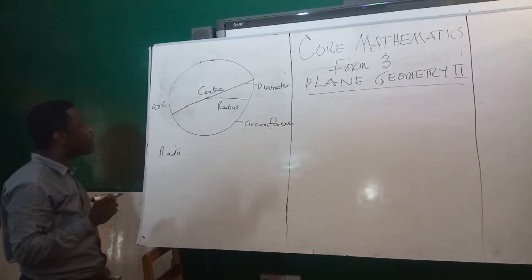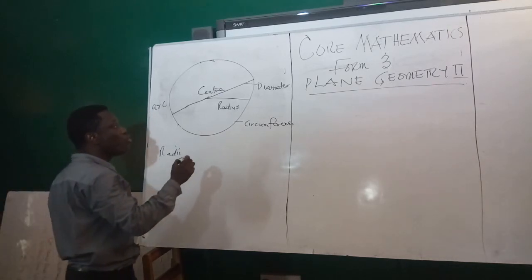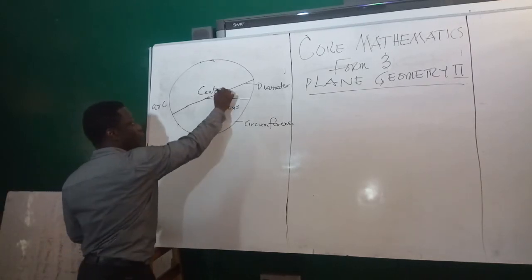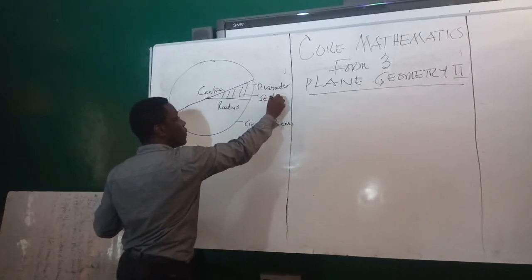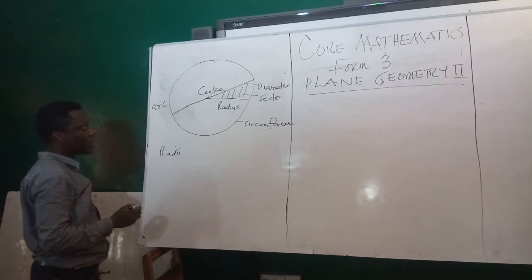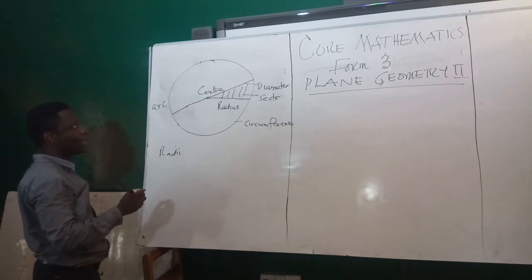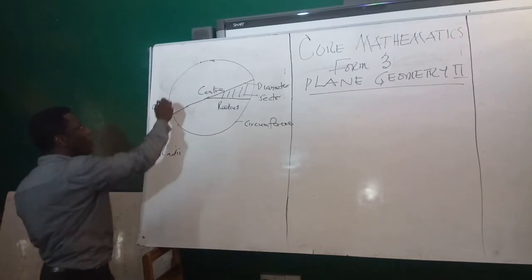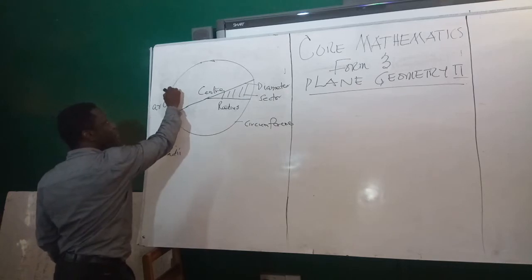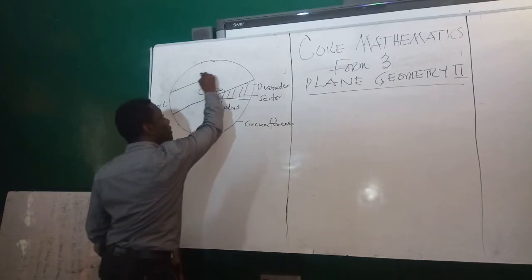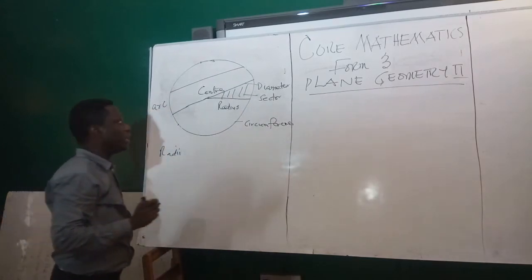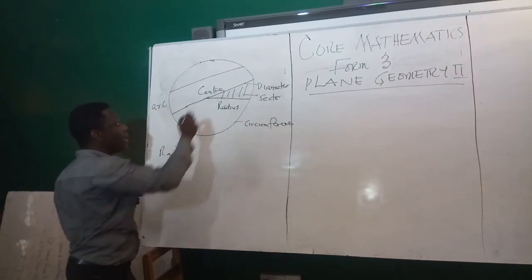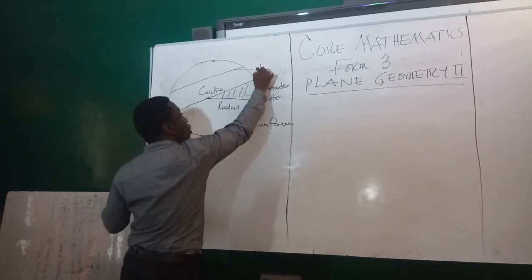Now, the area between any two radii, for example, what we have here, is naturally what you call your sector. Then, of course, we must also know that a line from the circumference to another part of the circumference which does not pass through the center is what we call the chord.